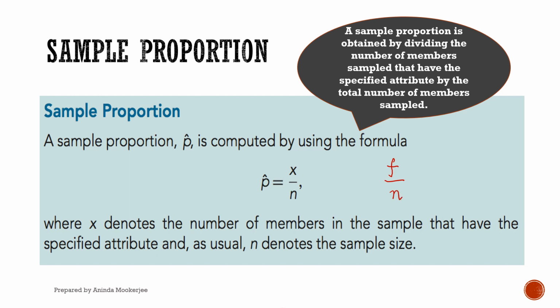Remember, relative frequency was f over n, right? This is similar to it, except that here x represents the number of people who meet a specified attribute. Not just people, it could be any items or any members. Okay, so x divided by n, it's going to give us a ratio value between 0 and 1.